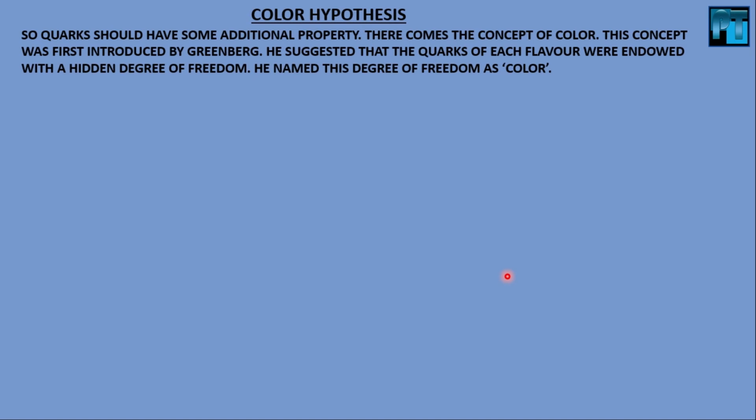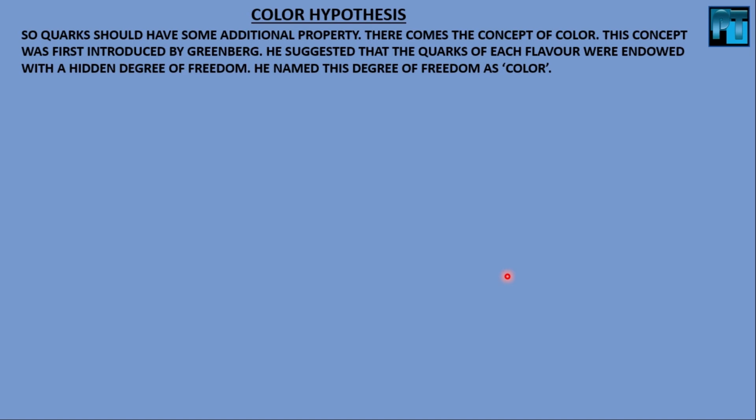Now to overcome this problem, scientists have assigned the quarks different colors. Greenberg first introduced this color hypothesis. He suggested that each quark flavor has a particular color, a particular degree of freedom.